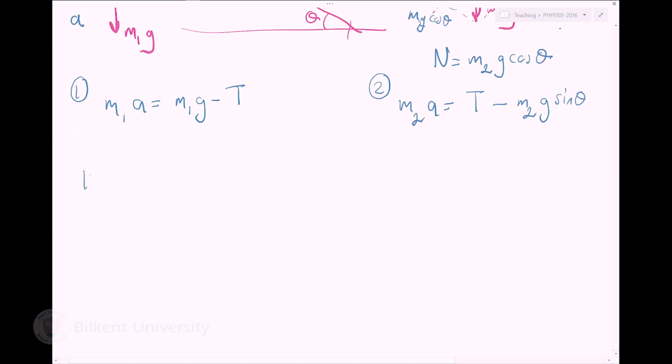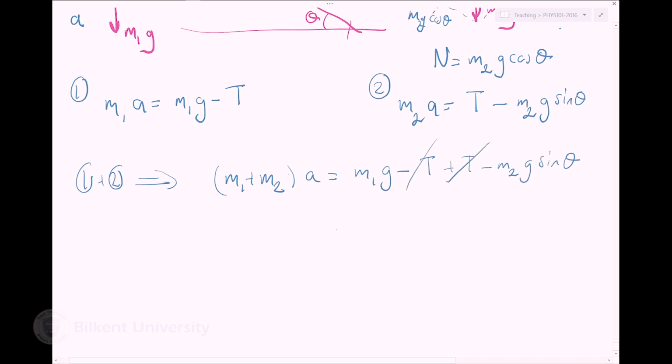Let me add them up. 1 plus 2 is m1 plus m2 times a. And if I add these up, m1g minus T plus T minus m2g sine theta, T is cancelled.